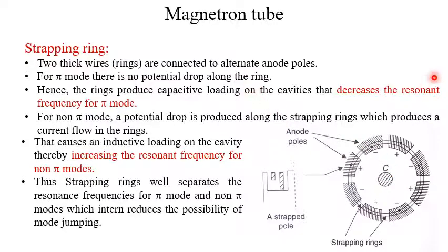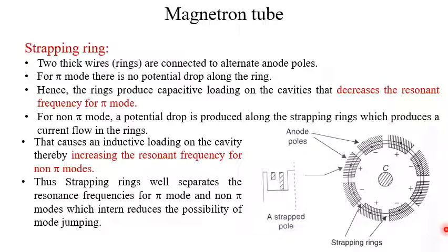For pi mode, there is no potential drop along the ring because this one is at the same potential, this is at the same potential, and so on. Hence the ring produces capacitive loading on the cavities that decreases the resonant frequency for pi mode.